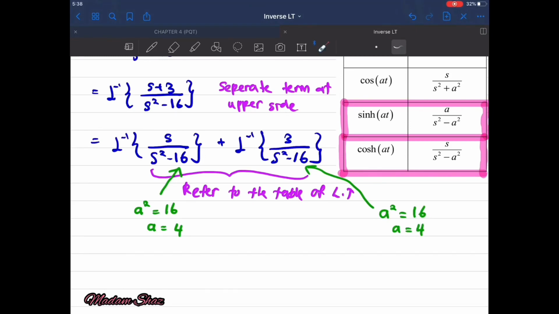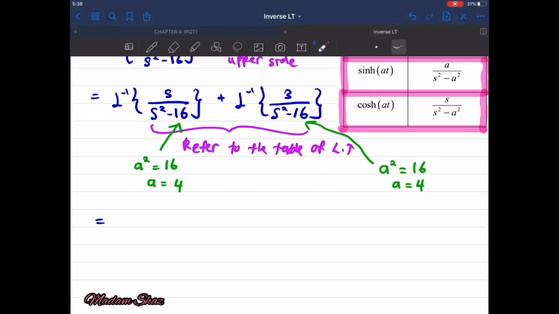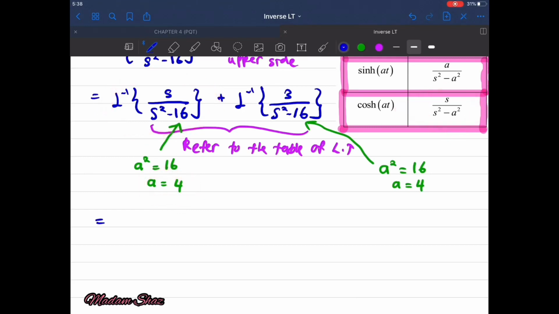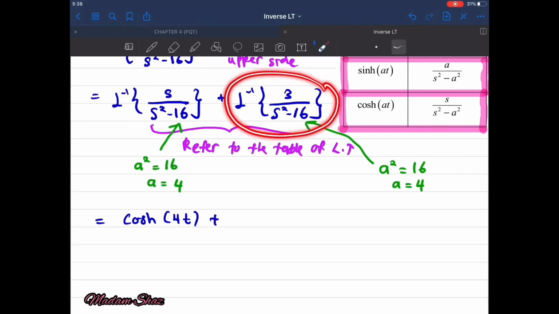We only consider the positive value of a. So Laplace inverse of s over s square minus a square will become cosh of at. Our a is equal to 4, so our answer will become cosh of 4t plus Laplace inverse of 3 over s square minus 16.